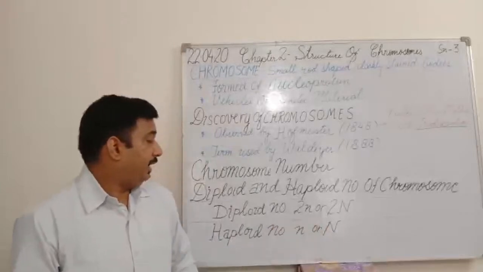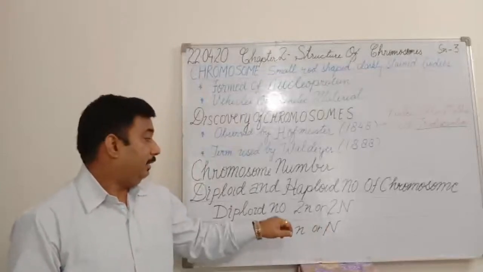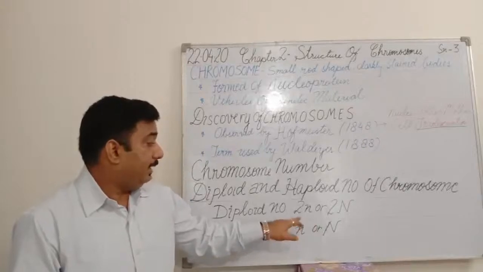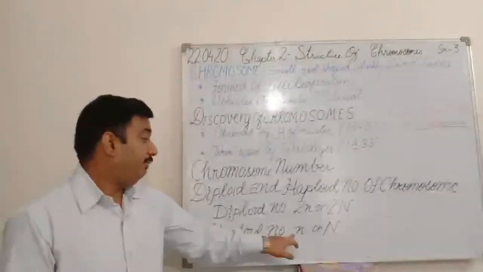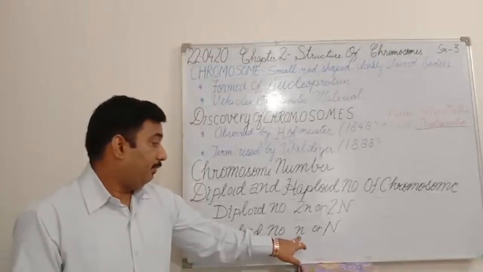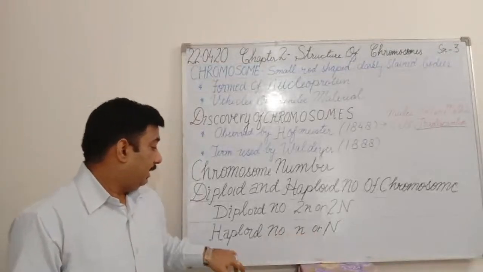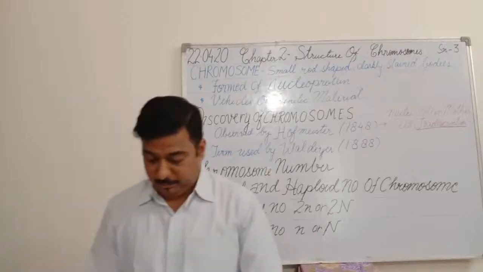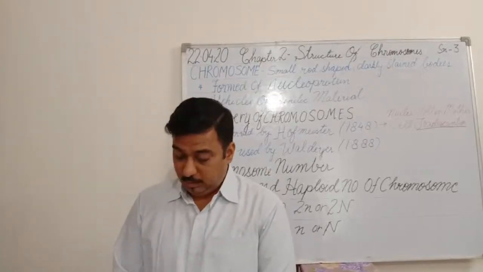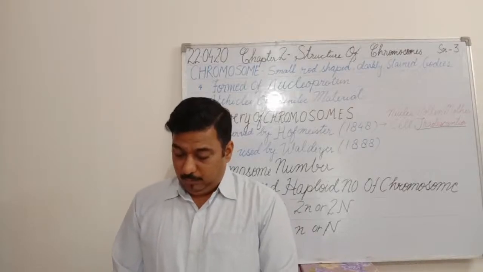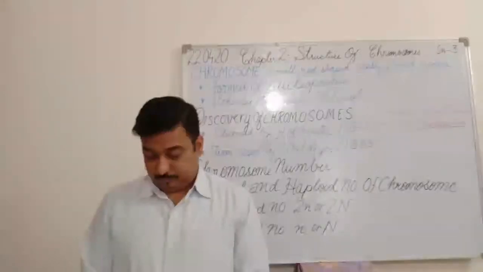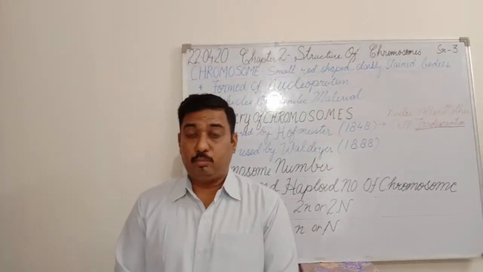So whenever you find any chromosome number written as 2n, it is a diploid number. Whenever you find it written as a single n or capital N, then it is a haploid number. We will be moving on to the next topic of today, that is the structure of chromosome.